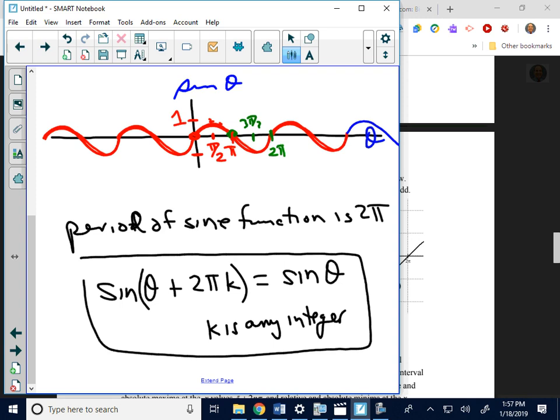Where's the reference on this? It's the top of page 397. So when you go through your book, page 397, period of the sine function, 2 pi. That's because of that rotation around the circle, 2 pi.